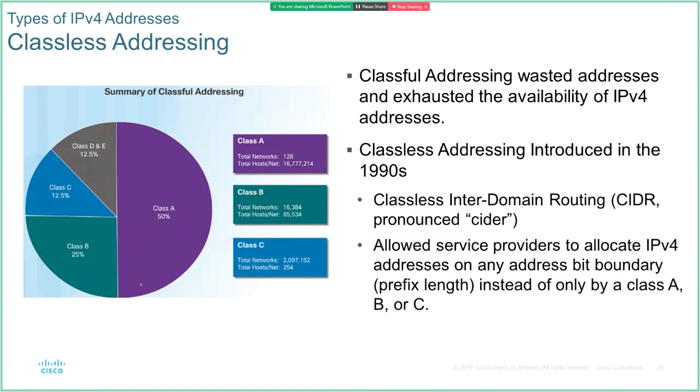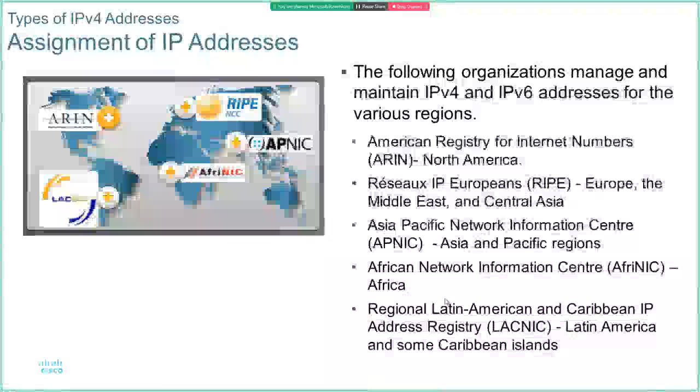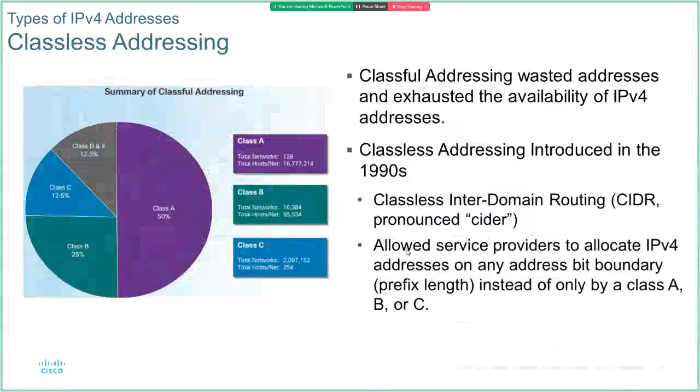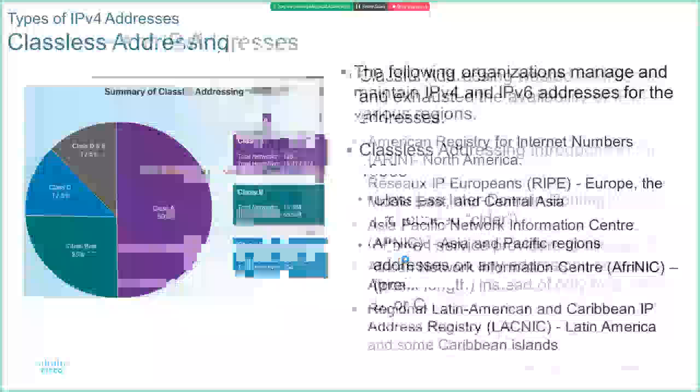So Class A consumed 2 billion addresses just by itself. The numbers there are the total number of individual networks that could have been created from Class A, 128 networks. So you do the numbers, you'll come up with those.